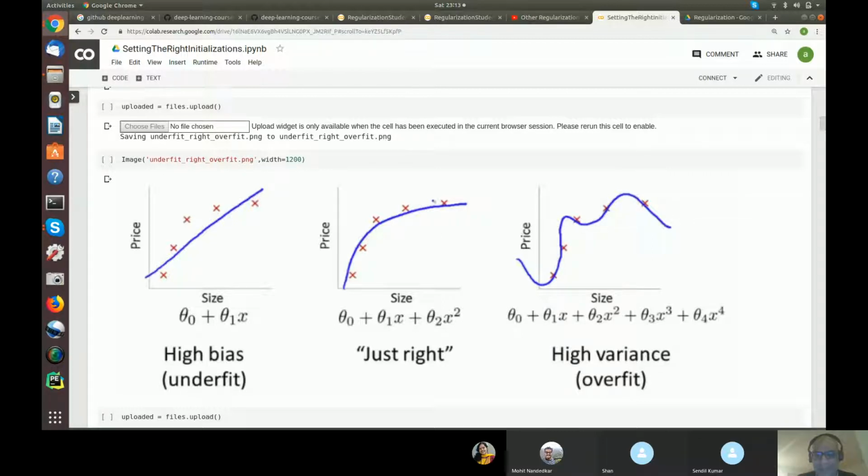So how do we figure out in an automated way the right capacity for the model given the data? So let's say you have the model on the right.